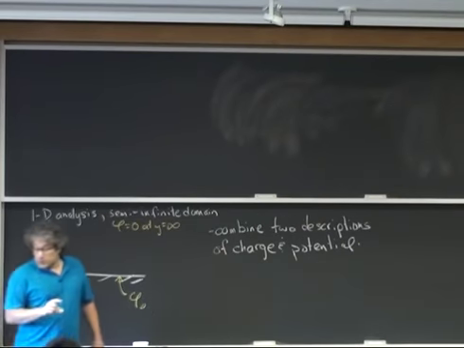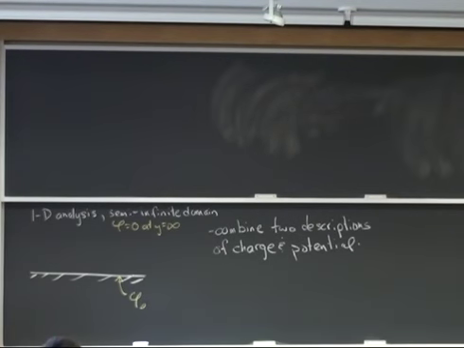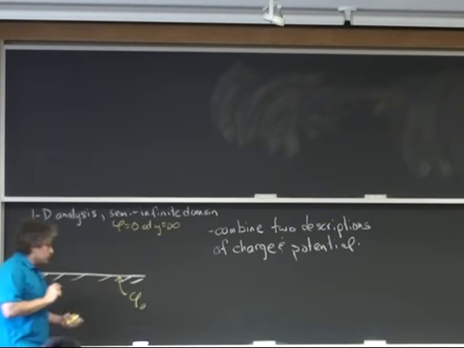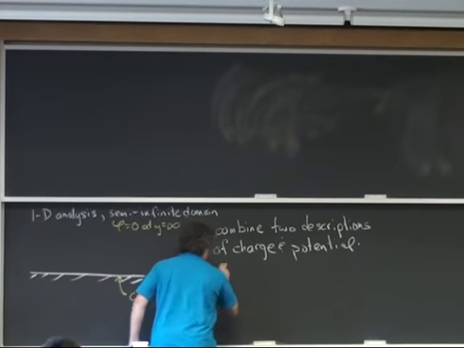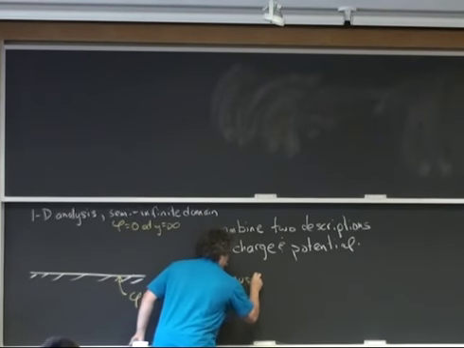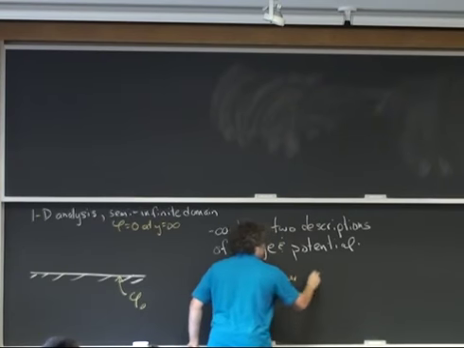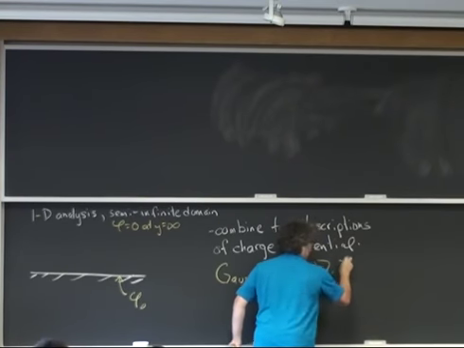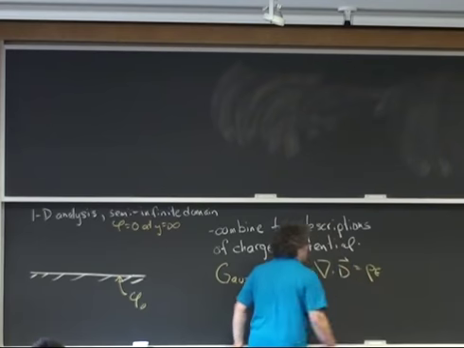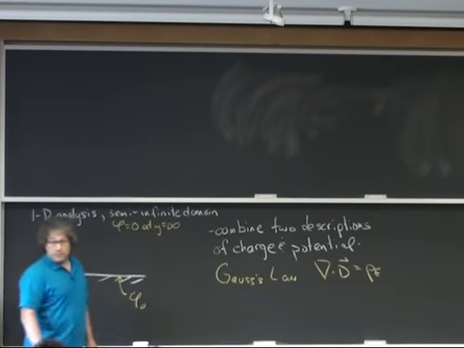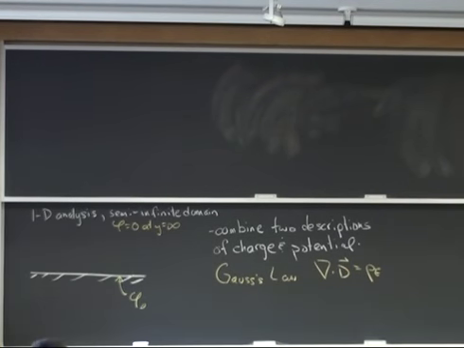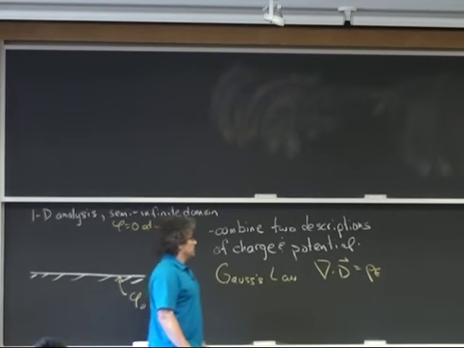So we're going to take two different descriptions that relate charge and potential. First, we're going to take Gauss's law. That says that the divergence of the electric displacement is given by the charge density.